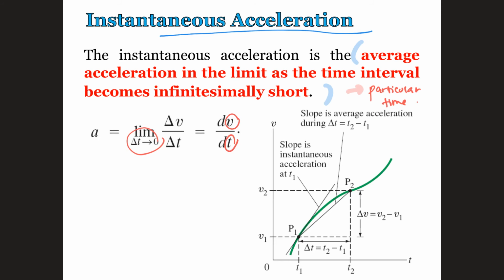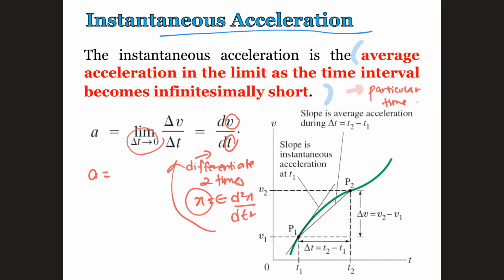So when you have instantaneous acceleration, you need to differentiate twice. If the equation is given in x, which is the position, you need to differentiate it 2 times to get dv over dt.